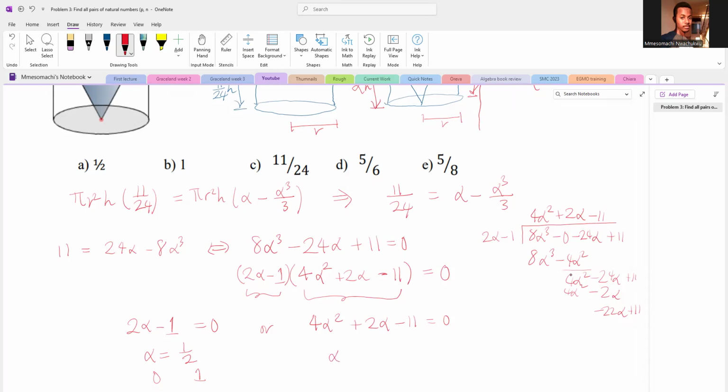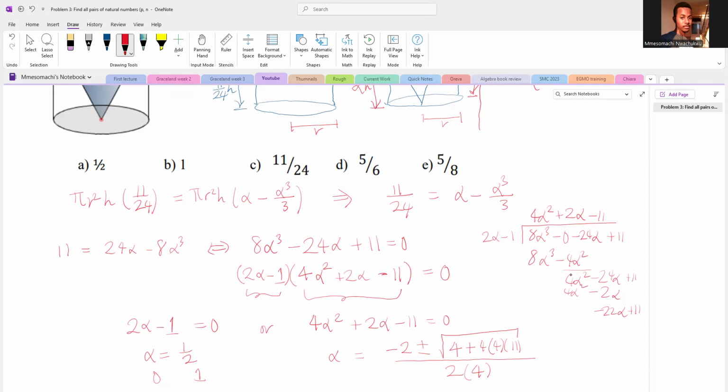We have alpha equals minus b, so minus 2 plus or minus the square root of b squared, that is 4, minus 4ac, so it's going to be plus 4 times 4, 16, times 11, all over 2a, that is 2 times 4.